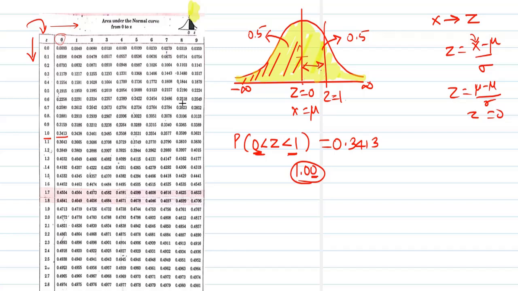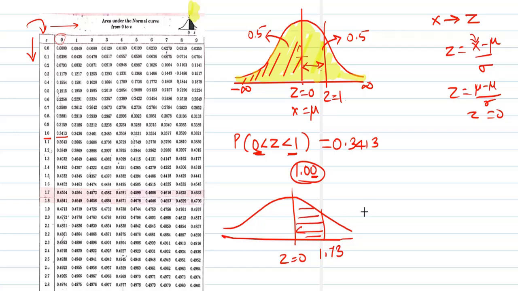Now moving on, let us see what is going to be the area between, say this is going to be a straight line, the curve. So this is going to be your Z equal to 0. So say suppose I want it as 1.73. What is the area between this? So I want the probability of 0 less than Z less than 1.73.